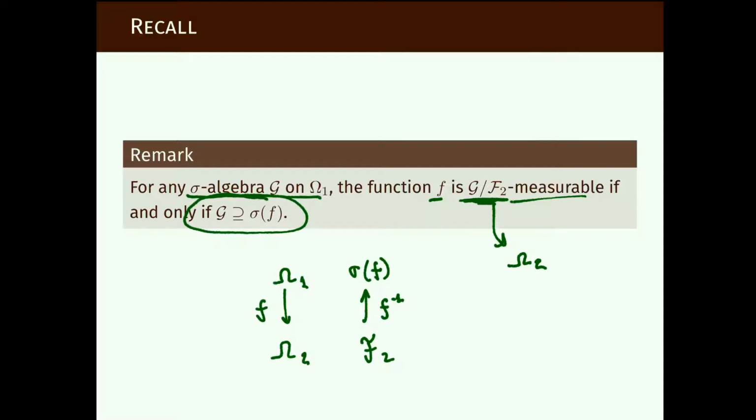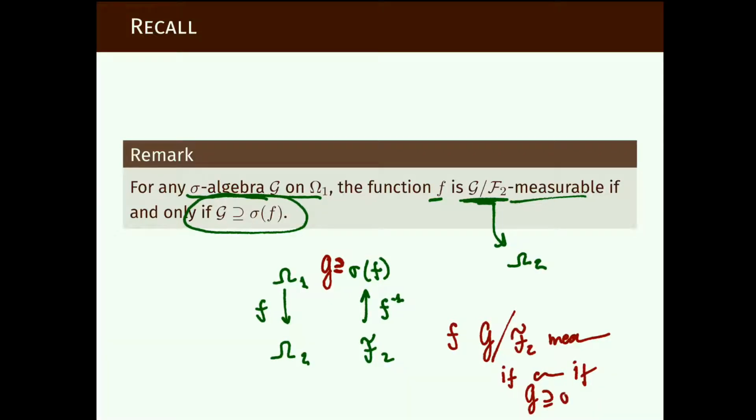We have seen already in the previous lecture that a family of sets G contains the sigma algebra generated by f if and only if f is measurable. So f will be G/F2 measurable if and only if G is finer than the sigma algebra generated by f.